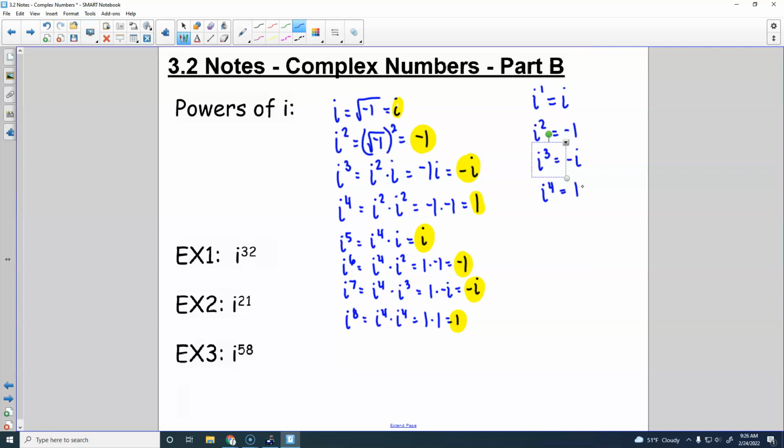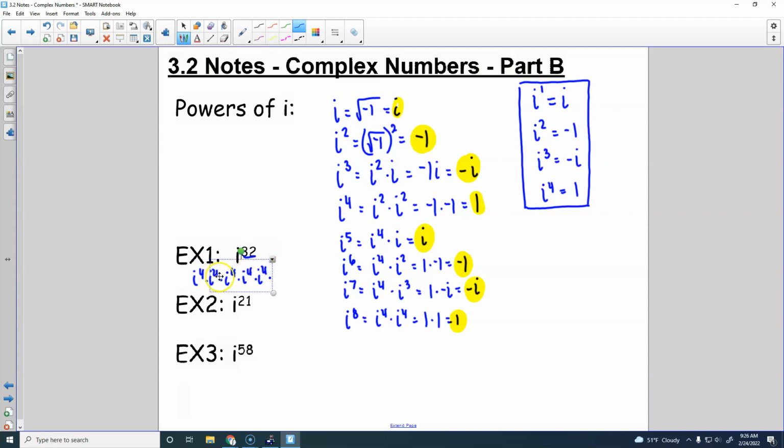So if we can remember this, it will be really important for these problems. If I have an exponent that is divisible by 4, like I have here, I could break this down into i to the 4th times i to the 4th times i to the 4th times i to the 4th times i to the 4th.